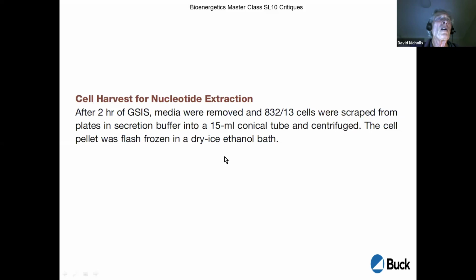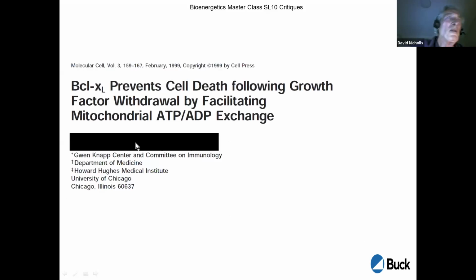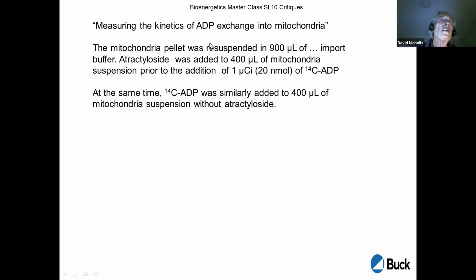Carrying on a similar line, some reactions are complete within a second. This was, again, an anonymized paper, dealing with another sexy subject, which is apoptosis. And this is Molecular Cell, okay? And they wanted to measure whether the adenine nucleotide translocator was inhibited in their particular condition.